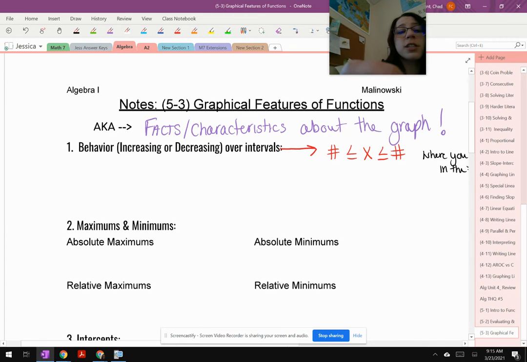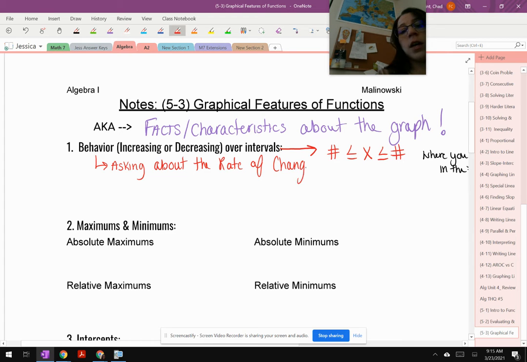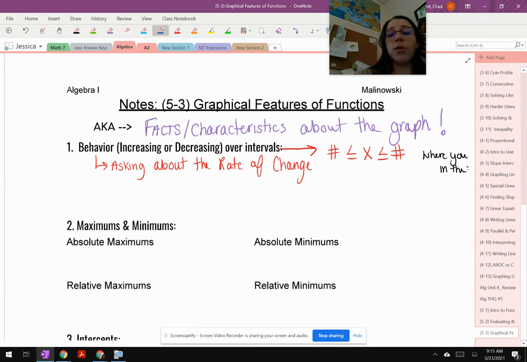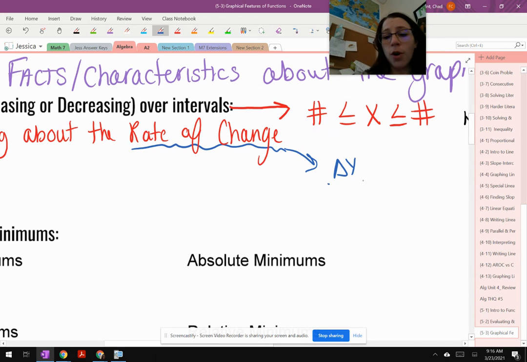So increasing or decreasing is simply just asking about the graph's rate of change. And you might be remembering from our previous unit that rate of change is the change in y over change in x, that y minus y over x minus x.